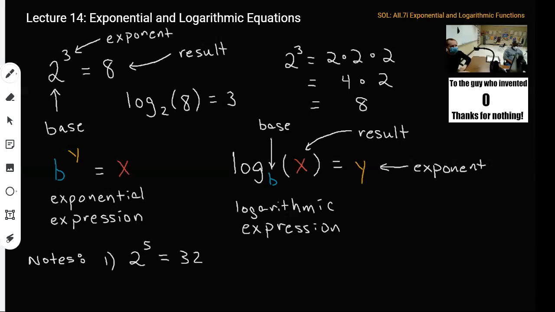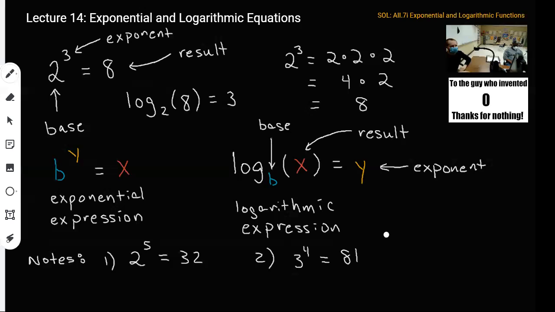And the second one we're going to do is going to be 3 to the 4th power. 3 to the 4th power is equal to 81. And what we're going to do with these two examples is we're going to change them from exponential expressions to logarithmic expressions. So see if you can write these two expressions with logs.